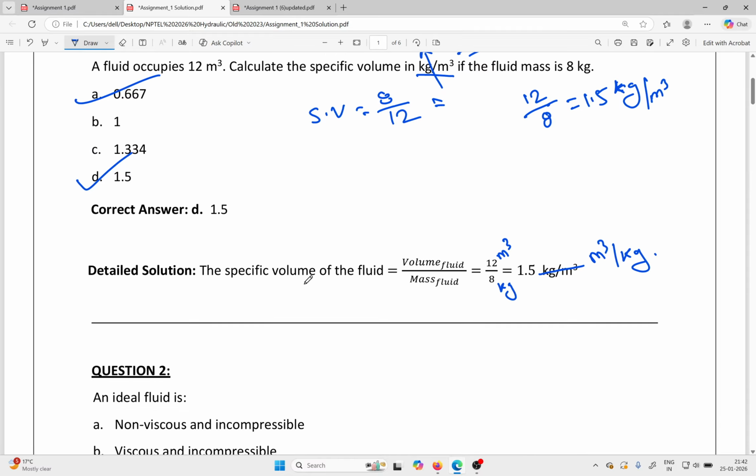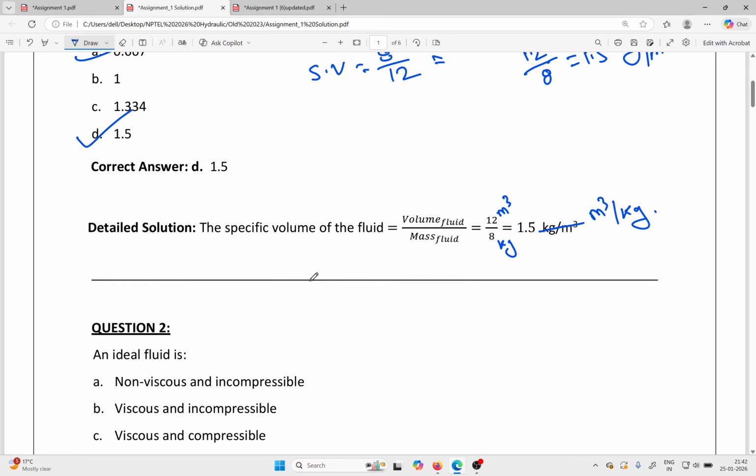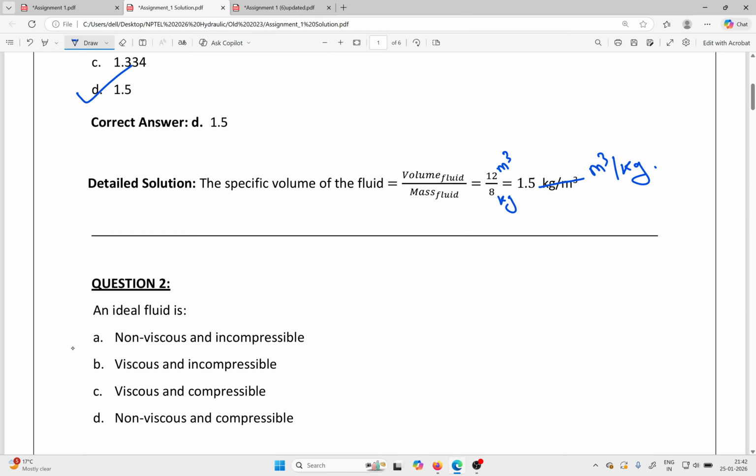So now let us move on to the next question. Very, very important. An ideal fluid, as we have solved already, is: non-viscous and incompressible; viscous and incompressible; viscous and compressible; or non-viscous and compressible. Your ideal fluid is non-viscous, you know already, mu will be 0.